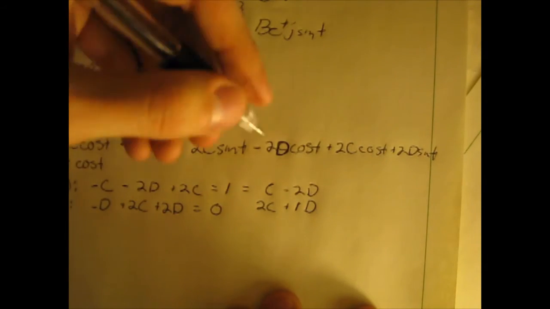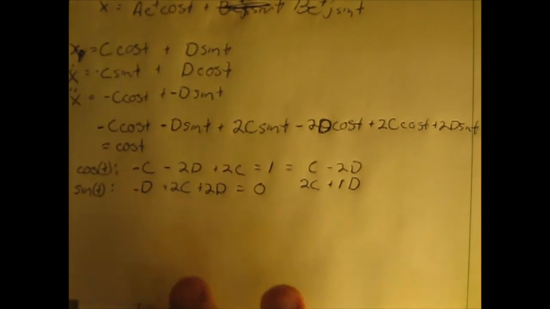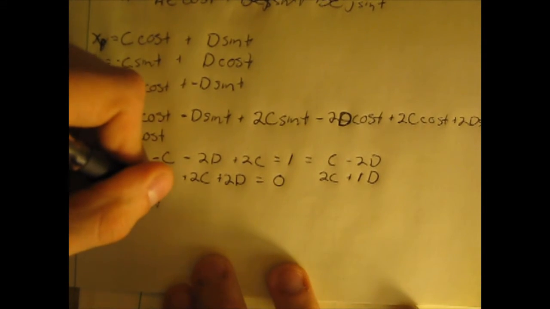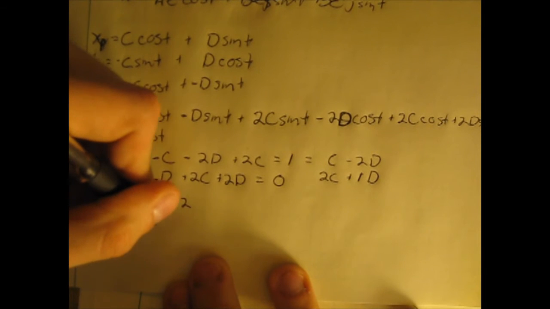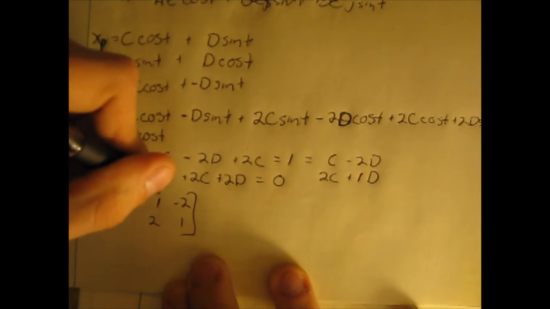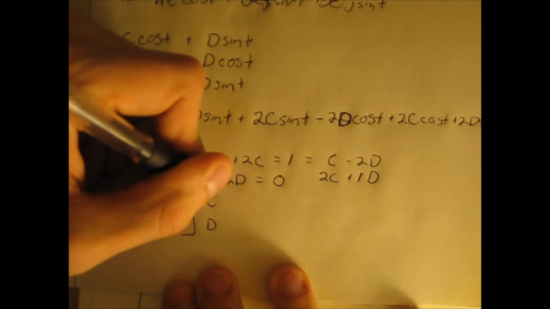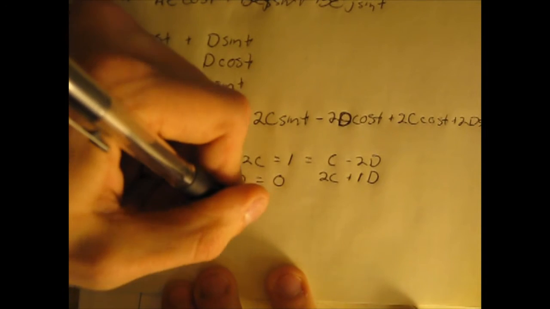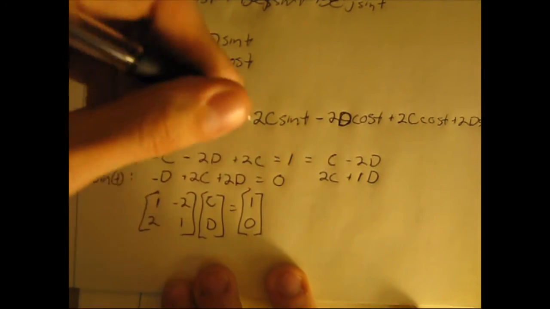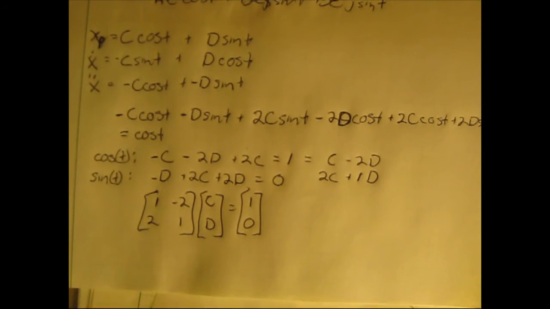So now let's turn these into matrix form. We will have 1, negative 2, 2, 1 times c, d, and that has to be equal to 1, 0. So we just want to solve for c and d.